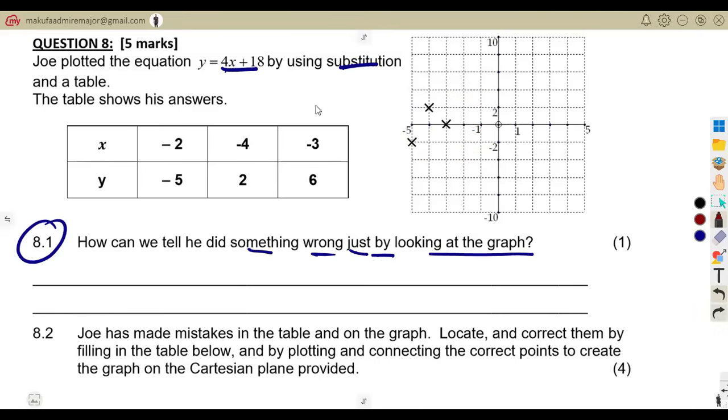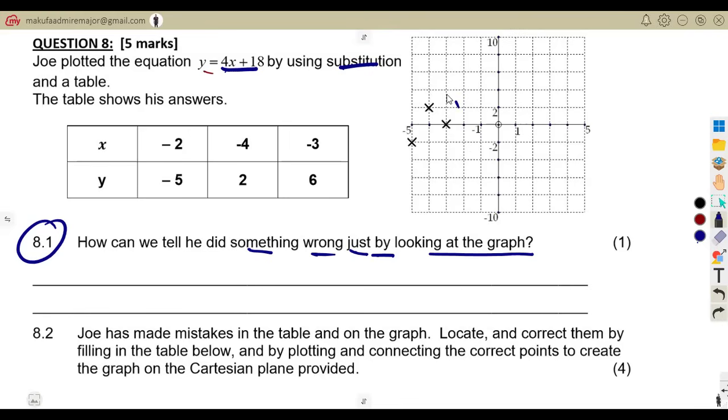We understand that this is a linear function. We are supposed to have a straight line. If points are being joined, we are supposed to obtain a straight line. But in this case, we cannot have a straight line. Look, there's another point that is remaining. So there's a point there that is remaining. We cannot produce a straight line. It is going to be like this, a zigzag now, which is not a straight line.